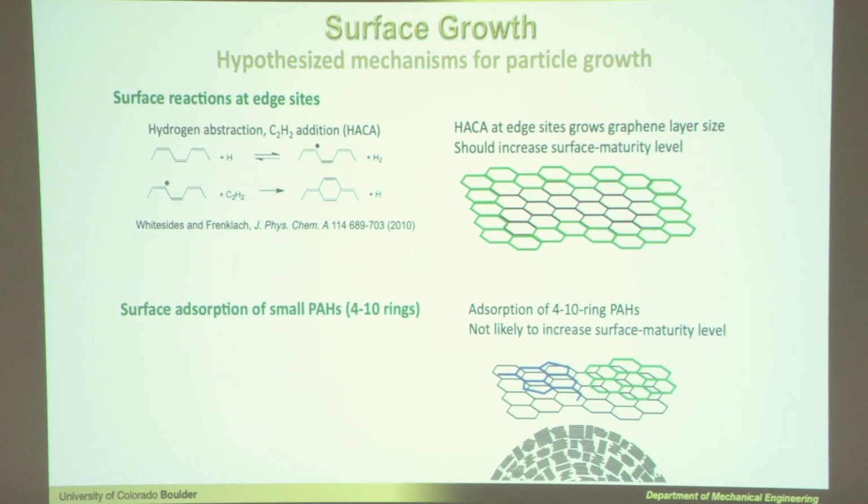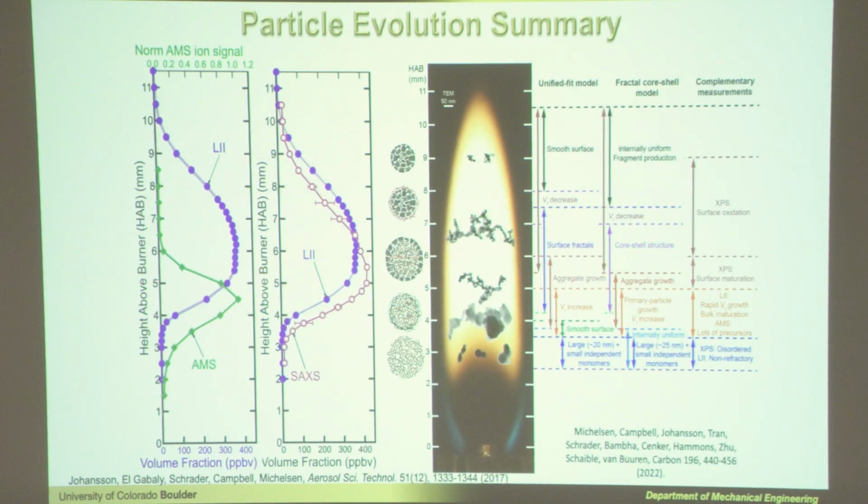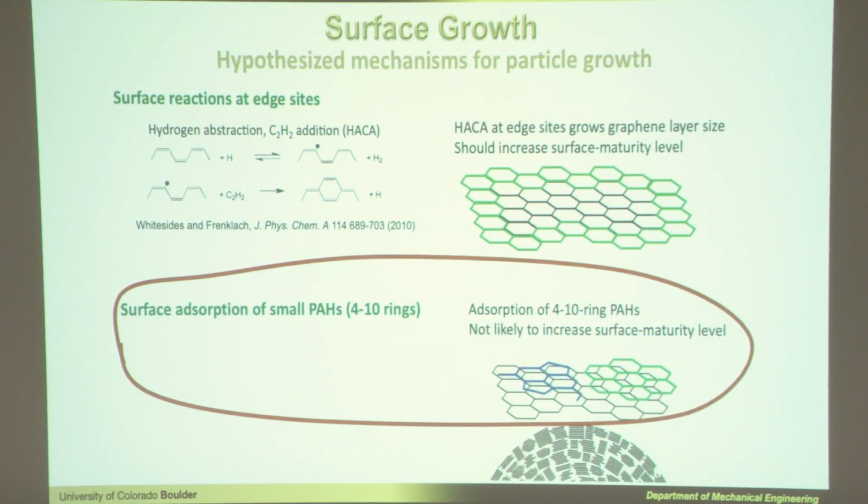But our bulk maturity is actually growing faster than our surface maturity. So what I think is happening is that we're getting this mechanism, adsorption of PAHs on the surface is what's causing surface growth.